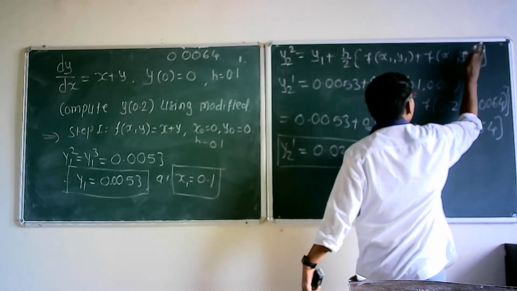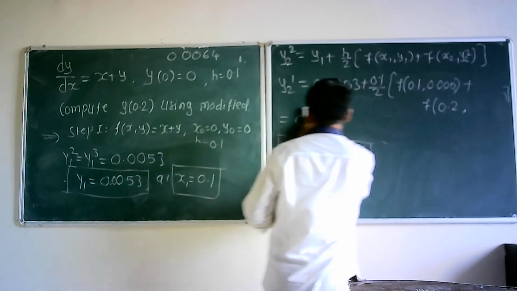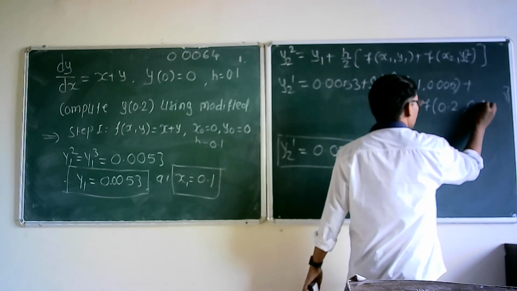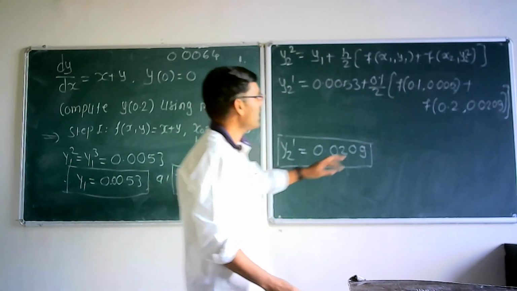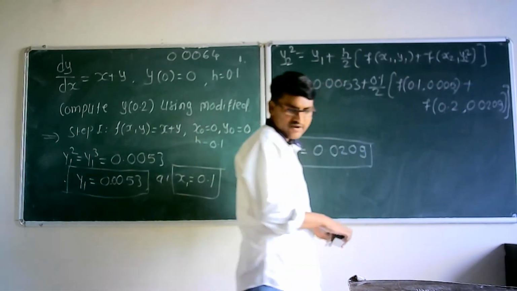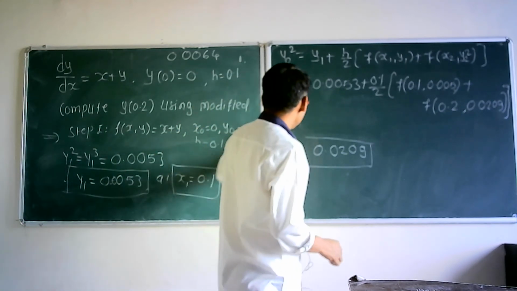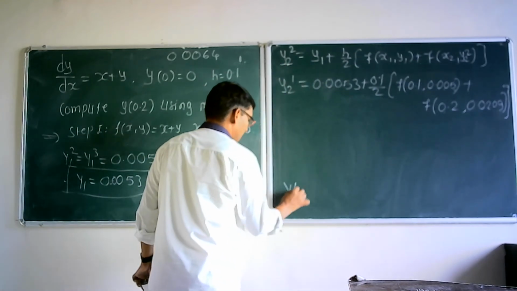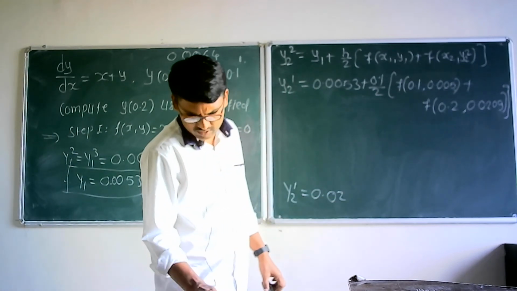So what is y22? Here I am just changing y22. What is changed here? Instead of writing 0.0064, it is 0.0209. There is only one change: instead of y21, write y22. So if you simplify all of this, y21 is 0.0209.